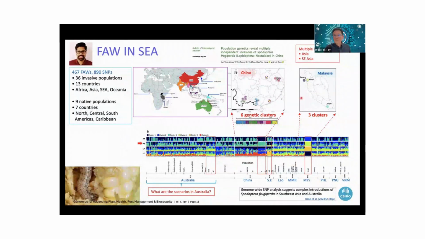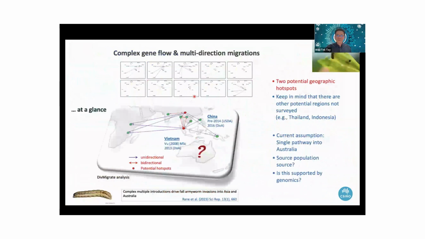In Malaysia, for example, we can see that there are at least three separate populations. This suggests that these fall armyworms potentially arrived multiple times in the region. And they did not match the signature of spreading across from Africa, having the same signature into China or into Malaysia, and especially across the Southeast Asian region.